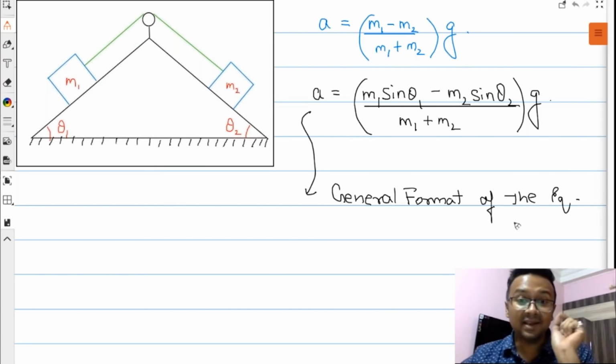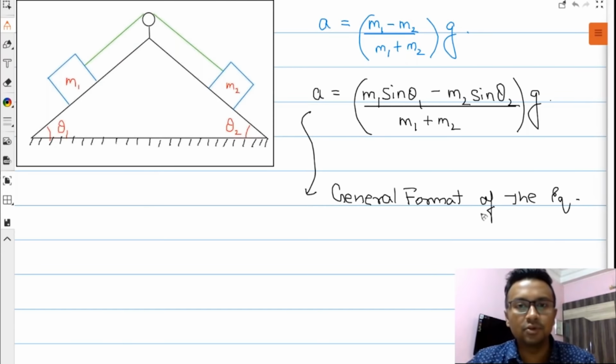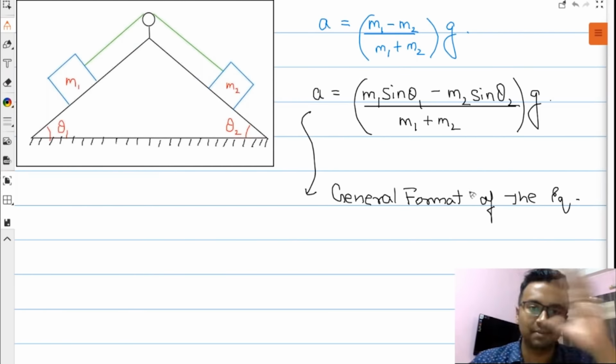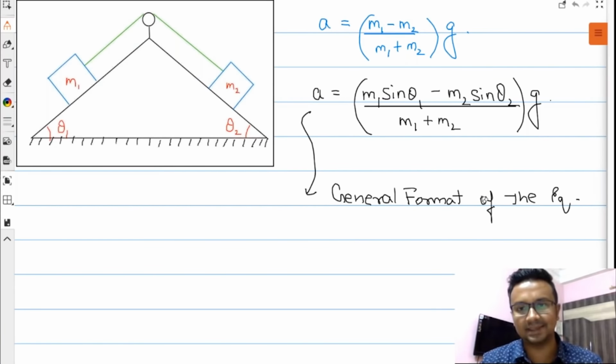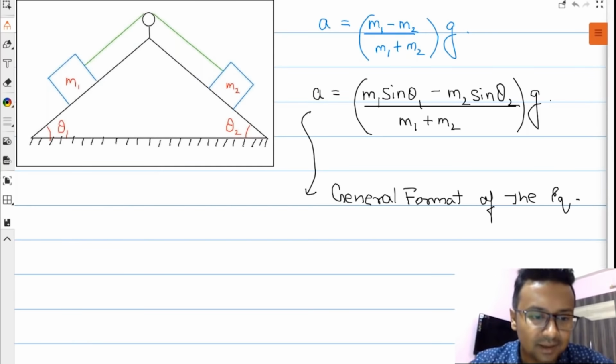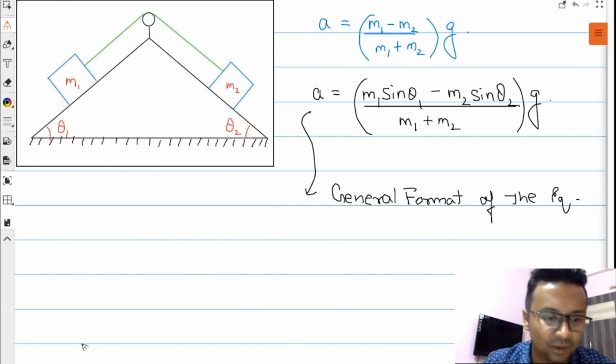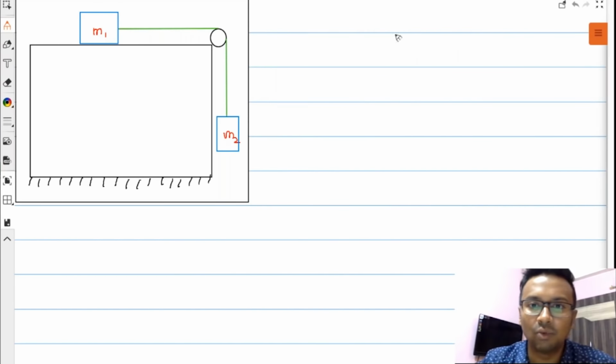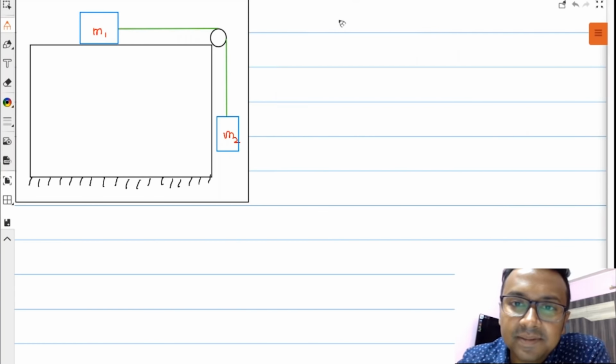Let me tell you, using this you would be able to deal with a lot of variety of problems in which you've got a pulley and there's a mass on one side and a mass on the other side. Now here let me take up the second one, and we are going to apply this special formula that we see here. So what was the special formula?